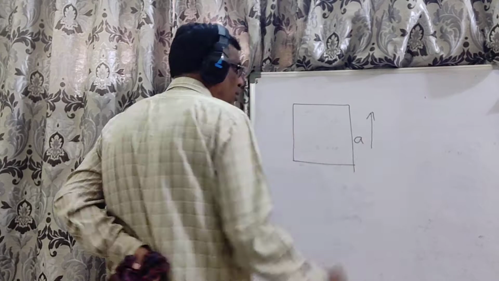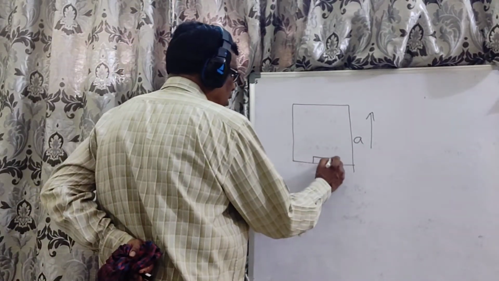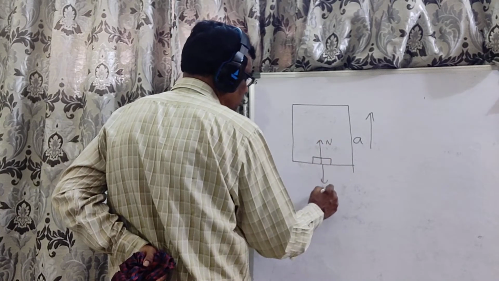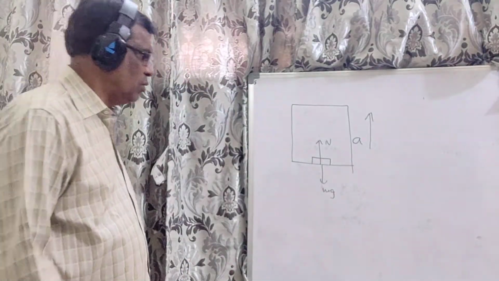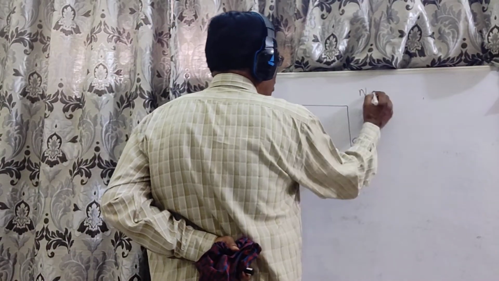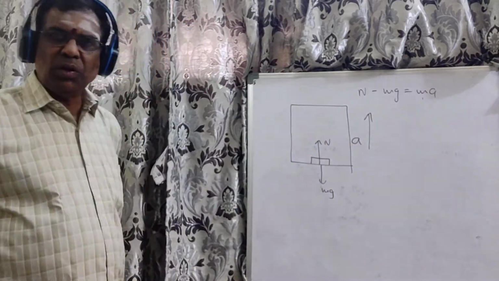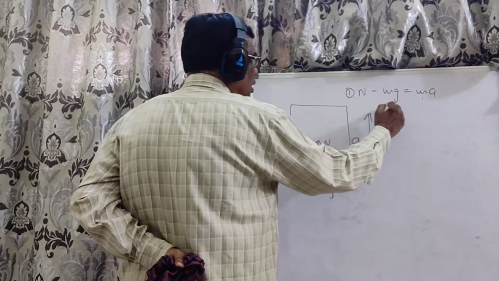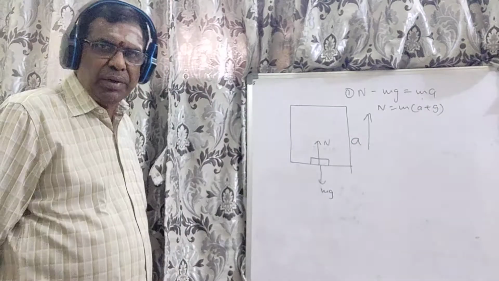Now, in the same way, suppose this whole elevator is accelerating up, and I am placing a body down here. Obviously there is mg. What is the normal force here? Without doing anything else, you can say N minus mg, as it is accelerating up, is equal to ma. That is one way of doing it. So N becomes m into g plus a.